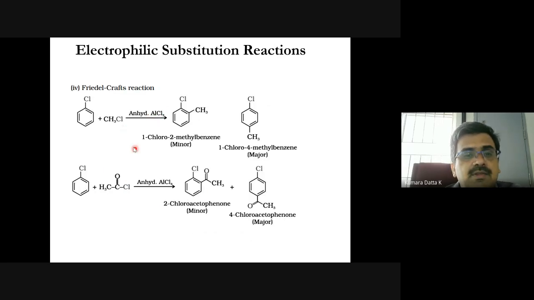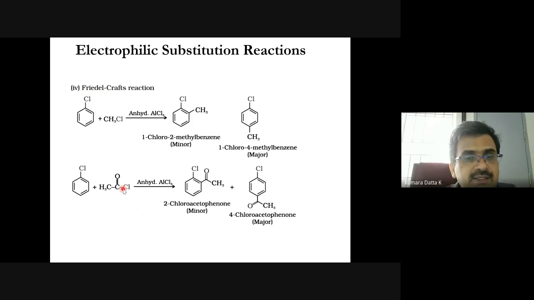And in the case of Friedel-Crafts reaction, we can include a methyl group, where the para directing is more. Also, we may add chloroacetophenone if you add acetyl chloride, with respect to electrophilic substitution.